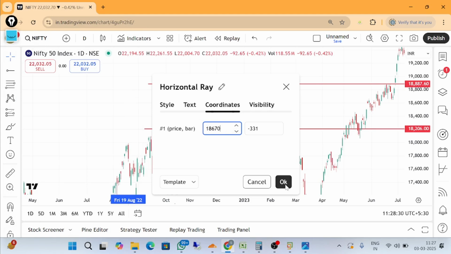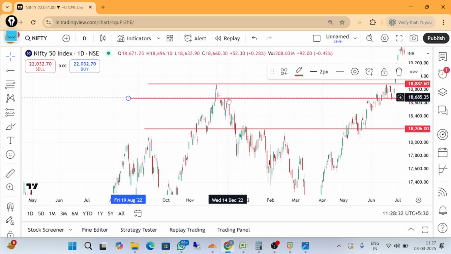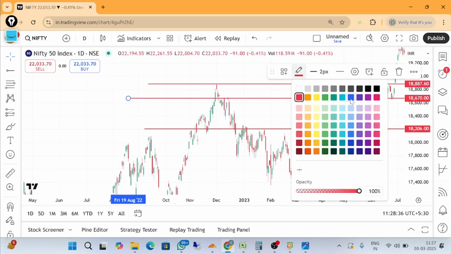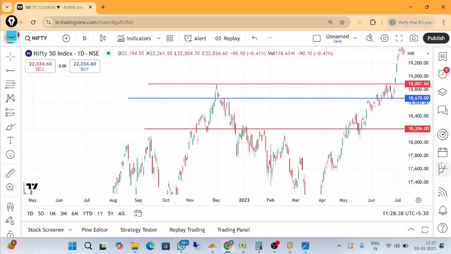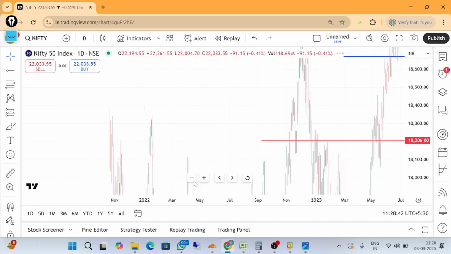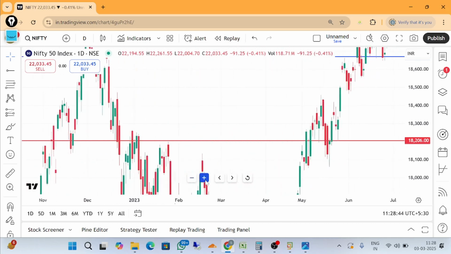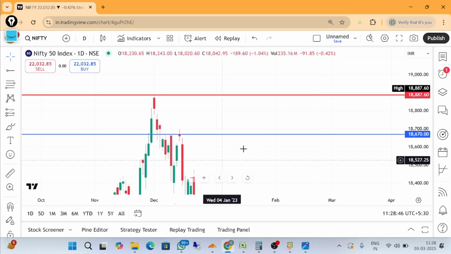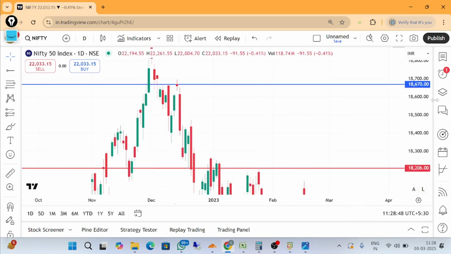18670. Now see precisely, and I'll change the color so that you would be able to understand. This is the support for a 4-digit number, and this is the support for a 3-digit number.